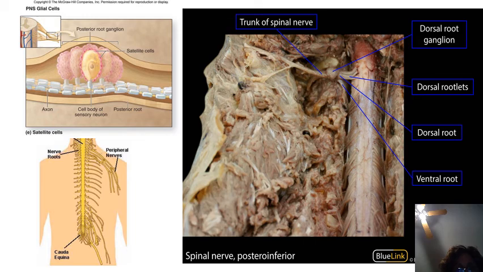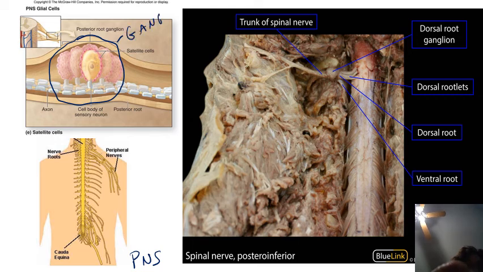In the PNS, peripheral nervous system, bodies of neurons are found in areas called ganglia. So these will be gray matter, while white matter is found in nerves.